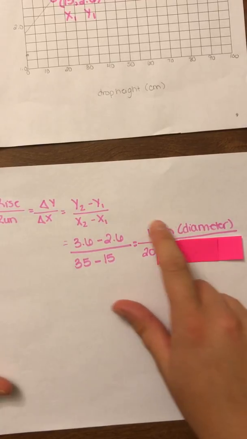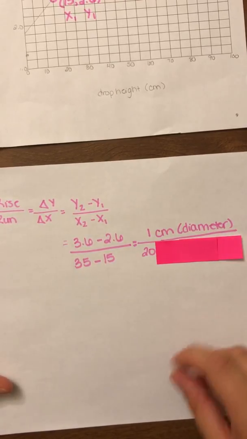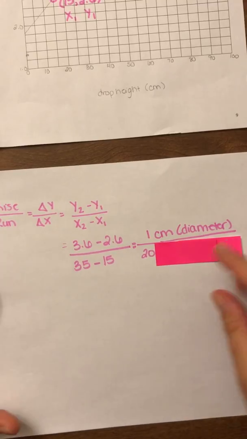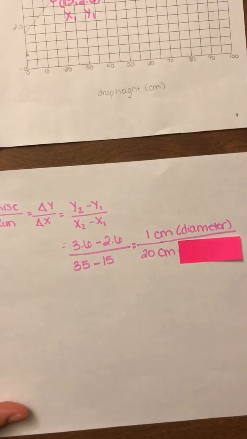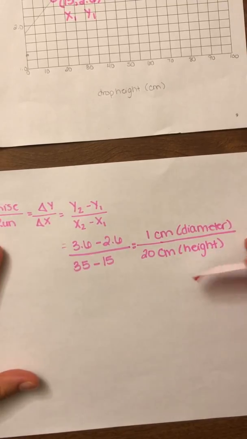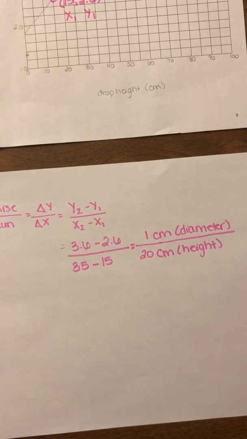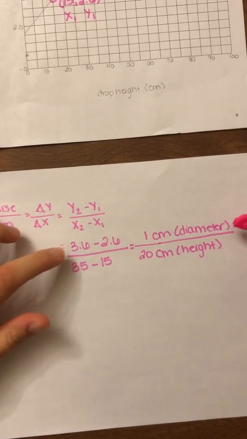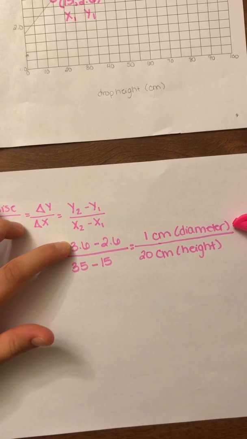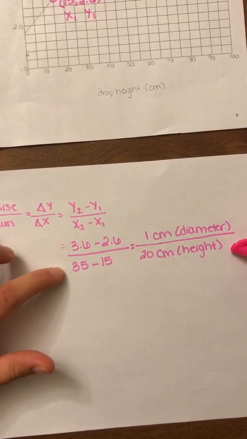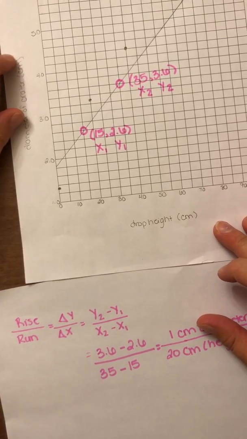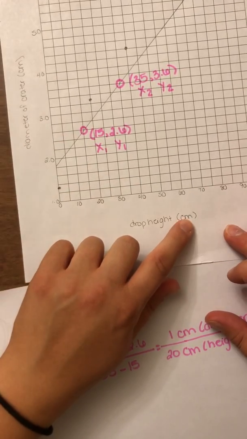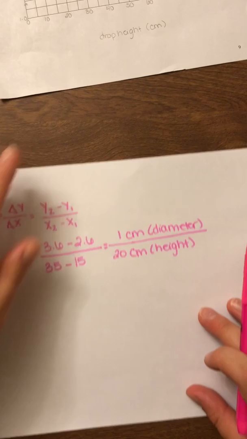So I know that this is talking about the diameter distance. The denominator, the unit is centimeters, but I'm going to be more specific and say height. Remember, my numerator is the y's, my denominator is the x's. So I use my y unit on the top, my x unit on the bottom.